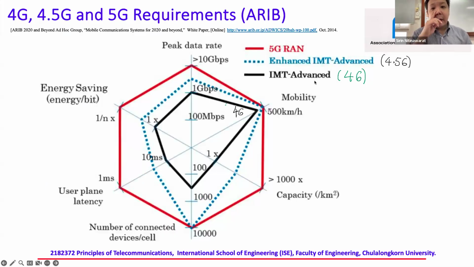In terms of the diagram, you see a study conducted by this organization, the Association of Radio Industries and Businesses, that evaluates different metrics for the subsequent generations of cellular network, starting from 4G in black, and then there was the intermediate release 4.5G before 5G.